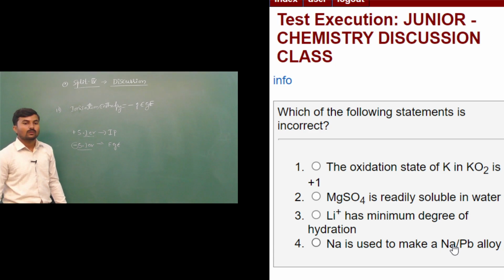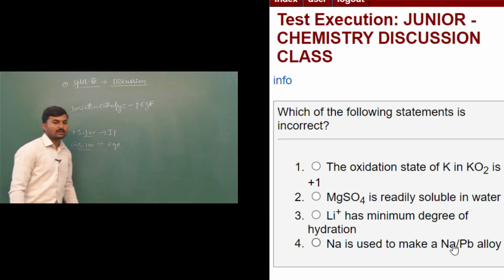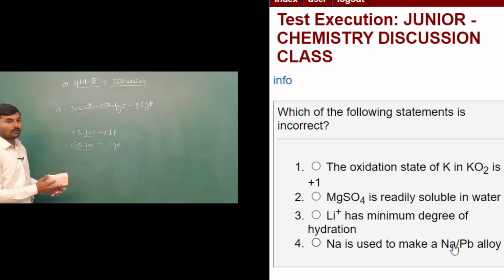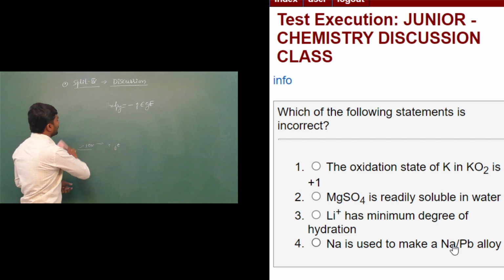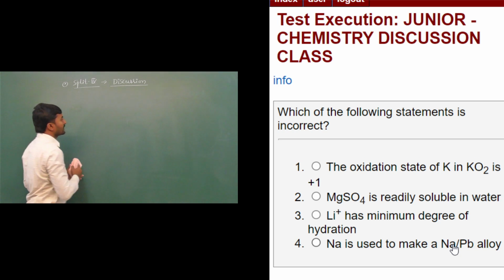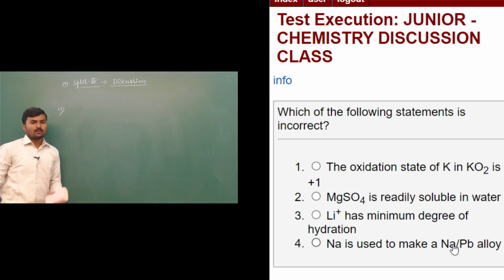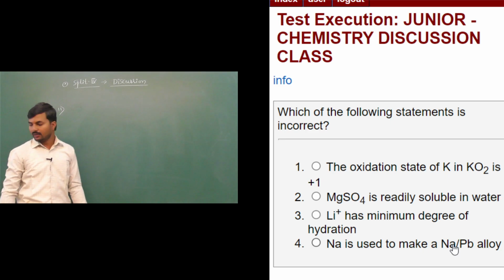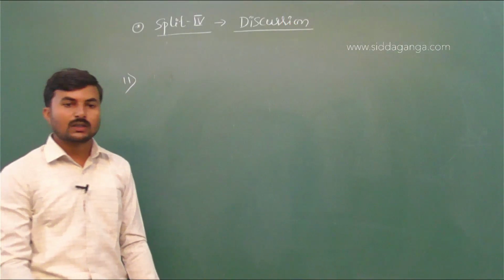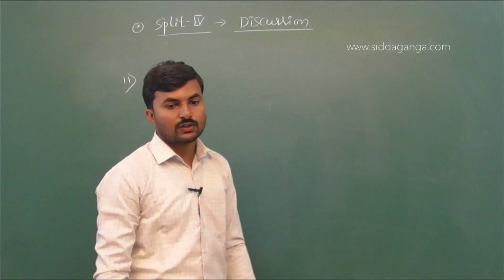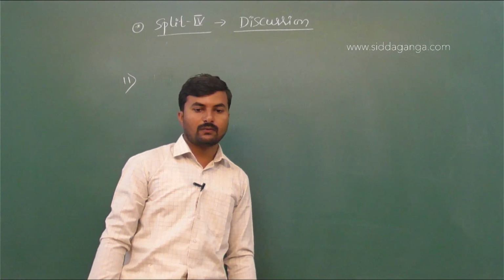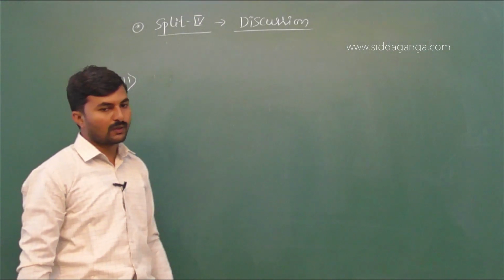Which of the following statements is incorrect? Question number 11. So what are the statements they have given here? The first one is: the oxidation state of K in KO2 is plus 1.